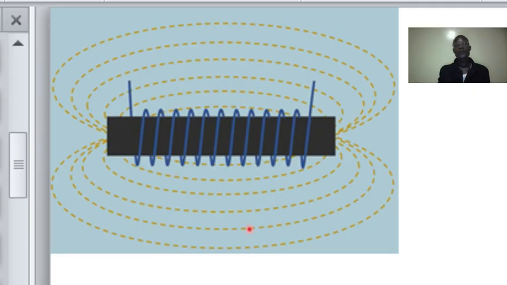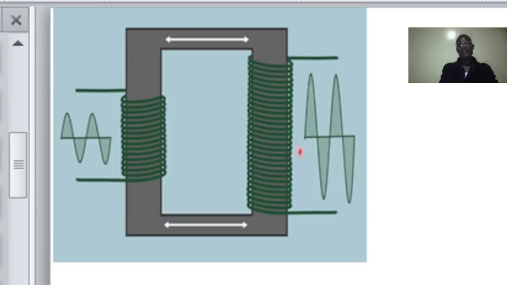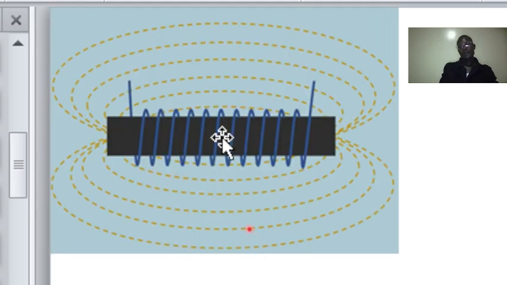Now, these forces that are being produced, this induced current, can be stepped up. Let's take an example of a mains supply.